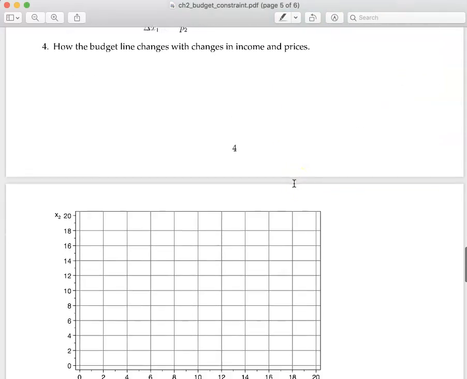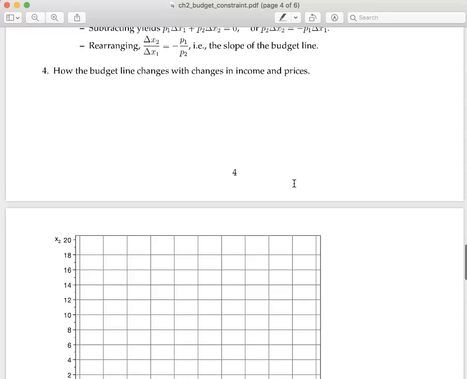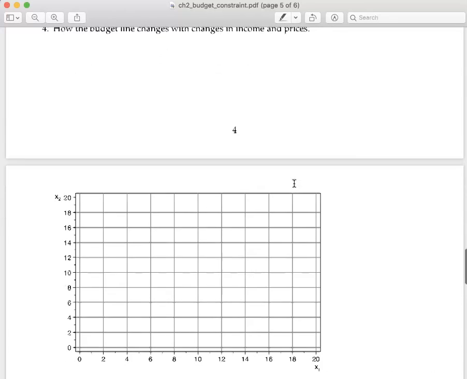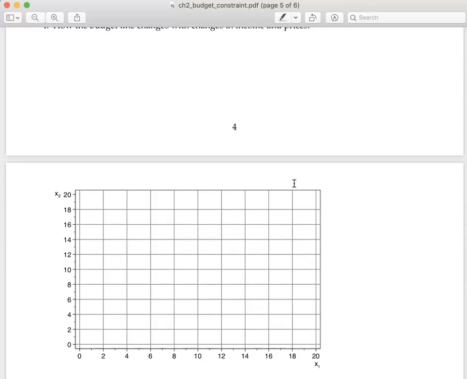All right. Now we turn to section 4 and how the budget line changes with income and prices. And here all I've done is give you a couple of exercises. I've given you a graph to work with. One thing right off the bat that I want to point to, because it matters later on: in the graphing program that I work with, notice that 0 is the gray line, right?